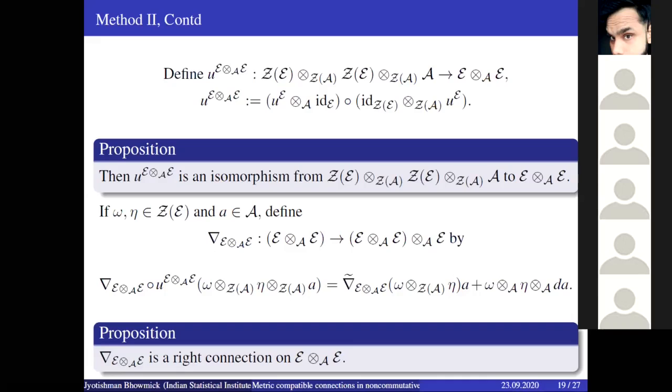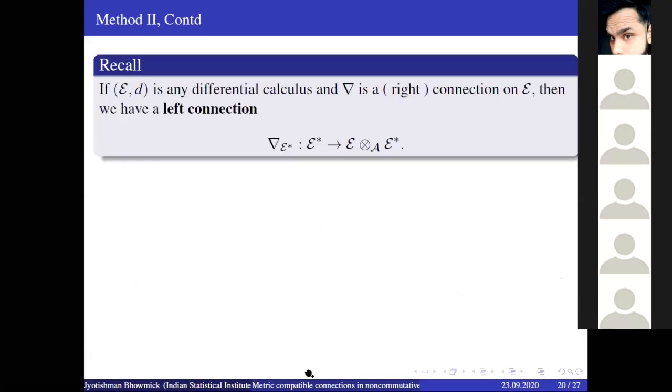We assumed a condition on the differential calculus, started with a right connection on E, then I have got a connection on E tensor E. In the next step, we already know how to do it, because we already know how to get a left connection from a right connection. So that was used in the previous method also.